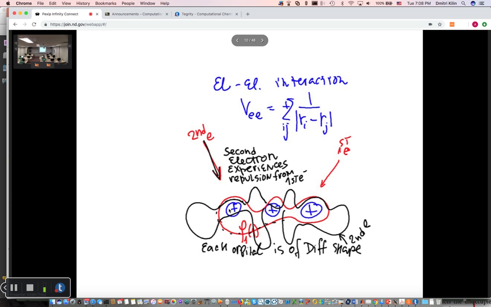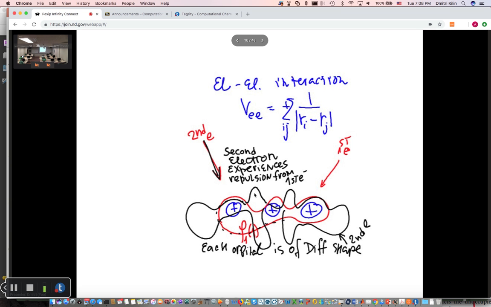Okay, so this second electron will not like the areas of space where the first electron is already residing. So it is a black curve. So the second electron will try to come closer to ions, but it will not be able to come to the spots that are already occupied by probability of first electron.